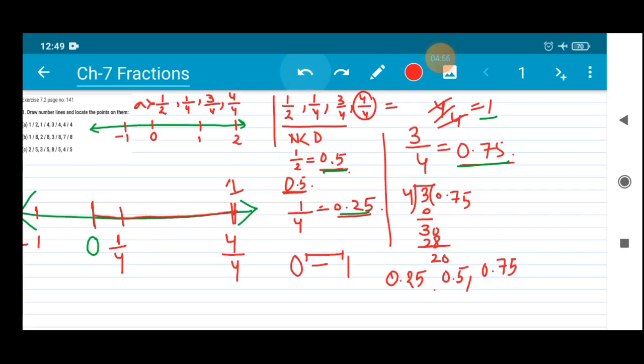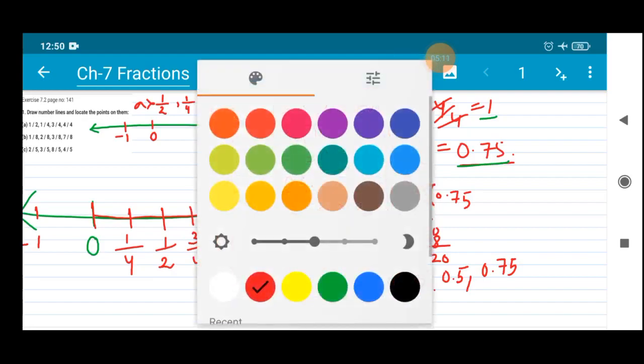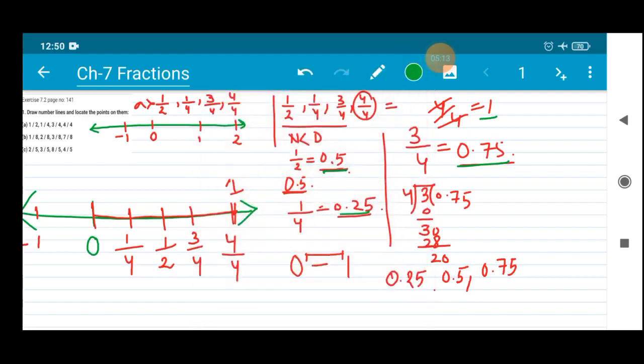So this is your 1 by 4, this is your 1 by 2, and the last one is 3 by 4, right? So 1 by 4 represents 0.25, 0.5 is represented by 1 by 2 and 0.75 is represented by 3 by 4.